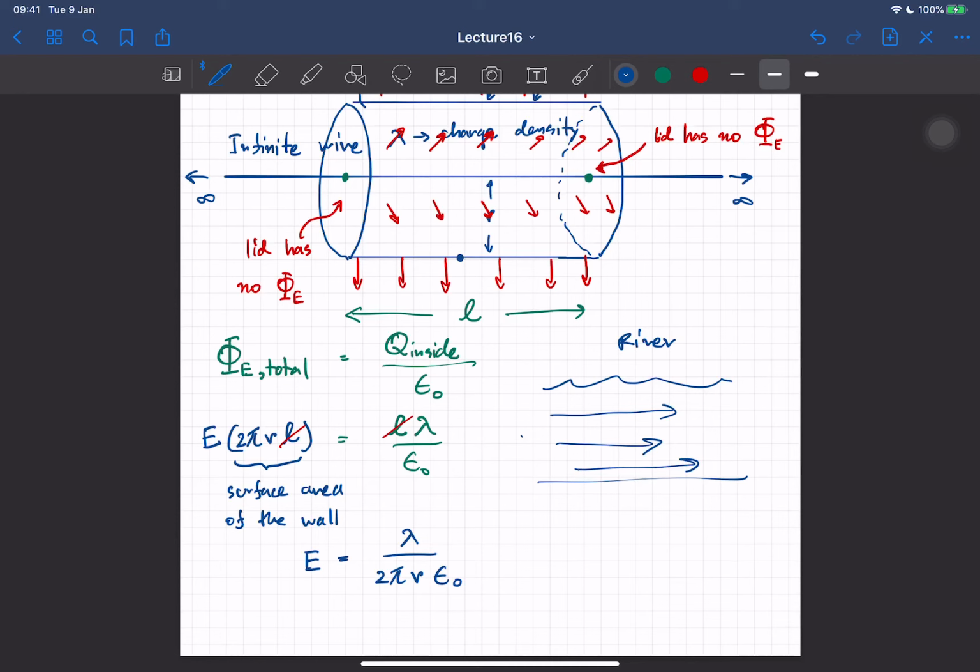And the electric flux is how much water you have going through a certain area. But instead of water flowing, we are talking about the electric field. So the flux is how much electric field is flowing through a particular area. That's, I think, the easiest way to think about the flux.